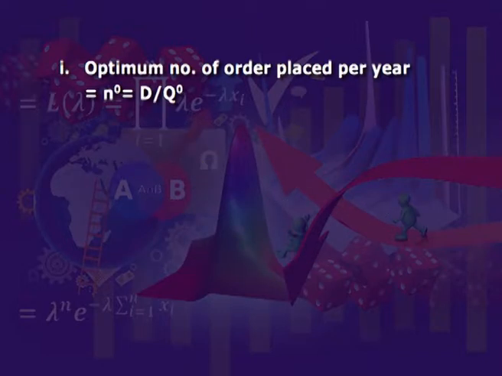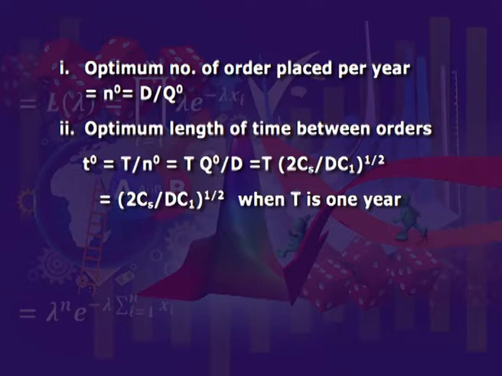Hence, we have, number 1, optimum number of orders placed per year denoted by N0, which is equal to D by Q0. Second, optimum length of time between the orders equal to T0, which is given by T upon N0 equal to T into Q0 divided by D, which is equal to T into under root 2 times CS divided by D into C1.